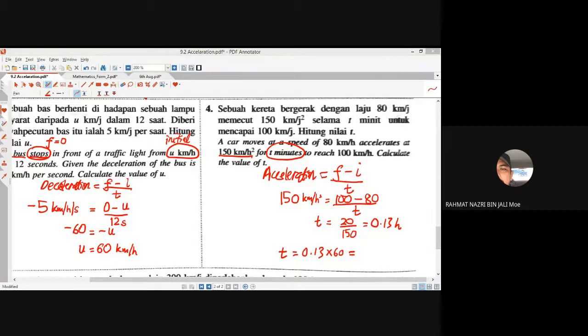In minute. 0.13 multiply 60. Zero point one three three three, 7.8. Okay, accepted.